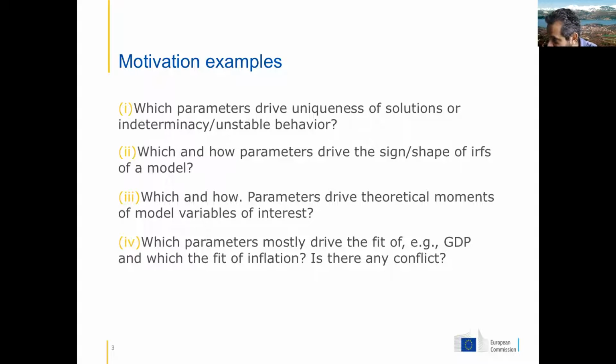In particular, it might be interesting to analyze whether there are trade-offs, in the sense that data on inflation might like a parameter to be in a given region within the prior space, but data on GDP would drive the same parameter to a different region. Clearly the estimation would make a kind of compromise and would probably find something in the middle, because there are these trade-offs.